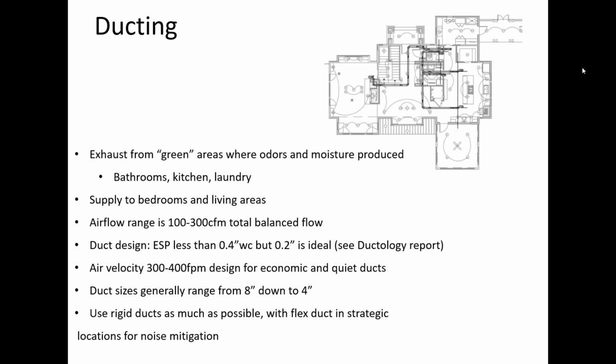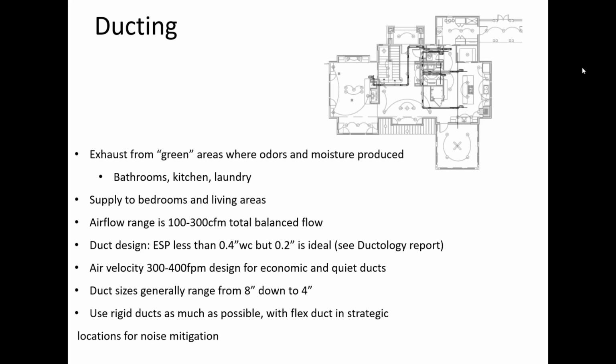Going a bit above there is okay too, but you want the fans to run at kind of an intermediate speed, so you do have some room to compensate for the installation. And then trying to maintain an air velocity of 300 to 400 feet per minute will result in nice quiet airflow, low fan power.